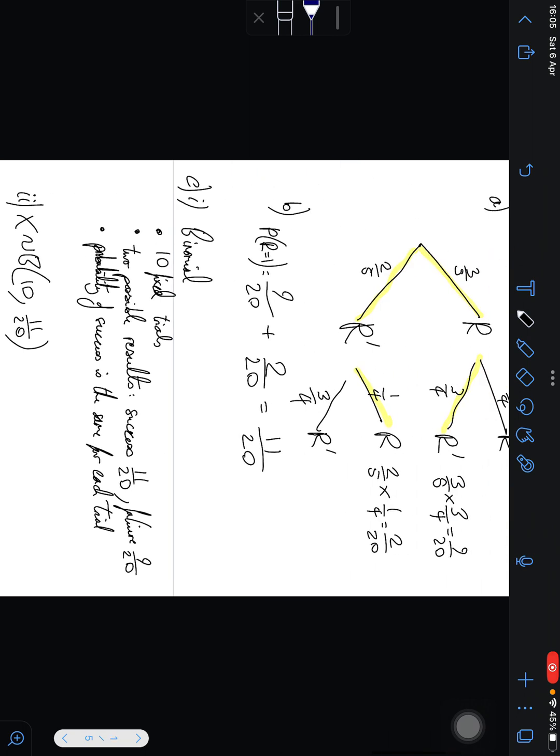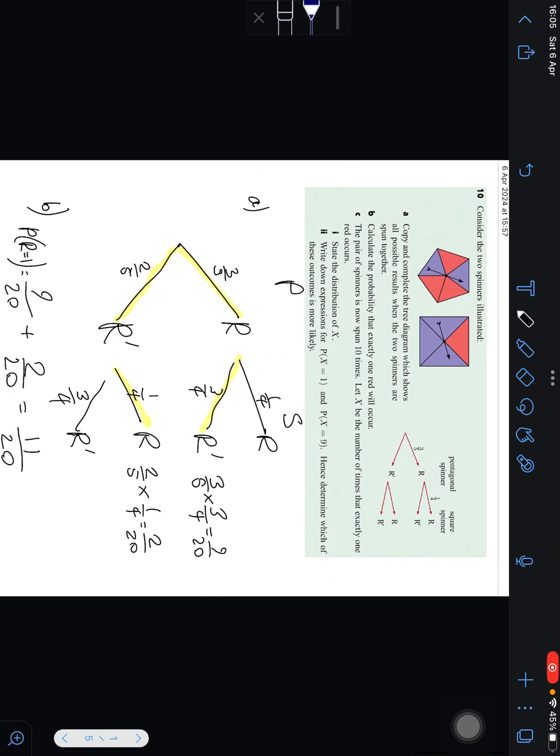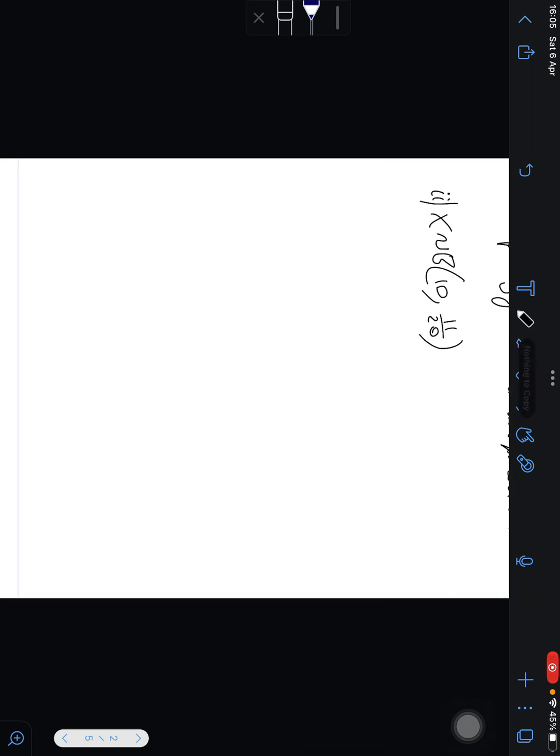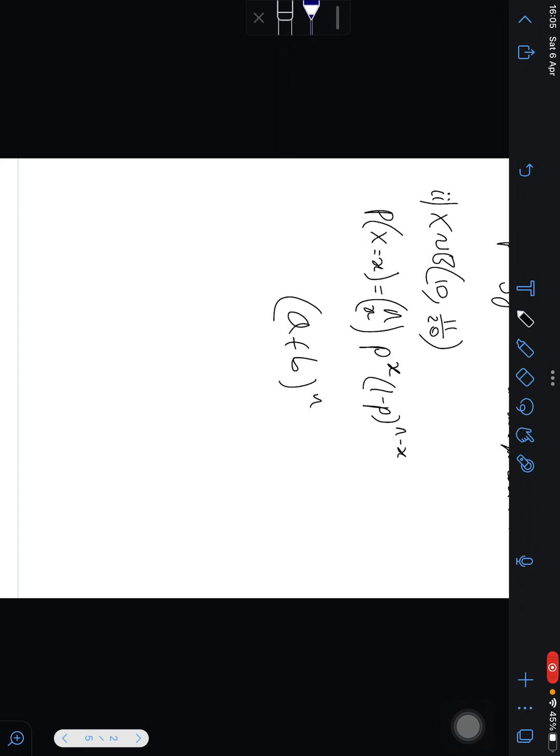We went over this in class: the probability for binomial, p of x equals x, is n choose x, lots of p to the power of x, or how many successes you've got, and then 1 minus p, your failure, to the power of n minus x. We wrote that down because it comes from the a plus b to the n expansion, which we looked at when we did the binomial theorem.